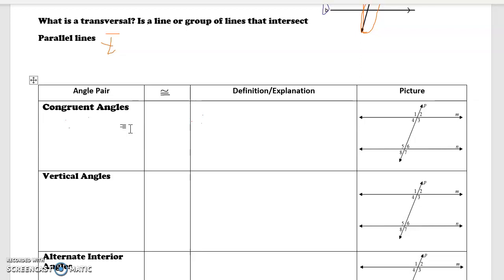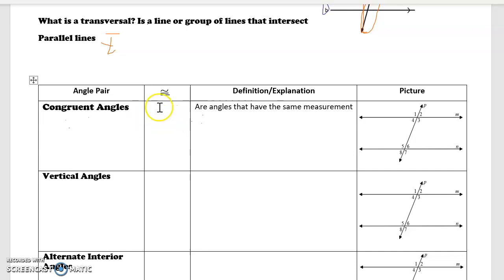All right, congruent angles are angles that have the same measurement. So angles that have the same measurement are congruent angles. If we measure them and they would have the same measurement, those are congruent angles.